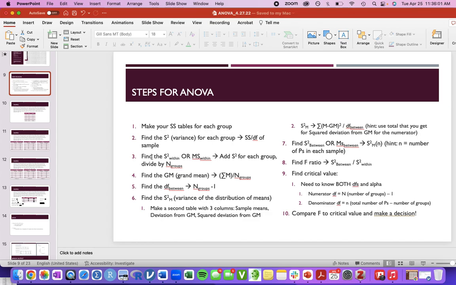So the next step that we want to do is find the grand mean, which is found by adding all of the means together and dividing it by the number of groups. And we can also find the degrees of freedom between by subtracting 1 from the number of groups.